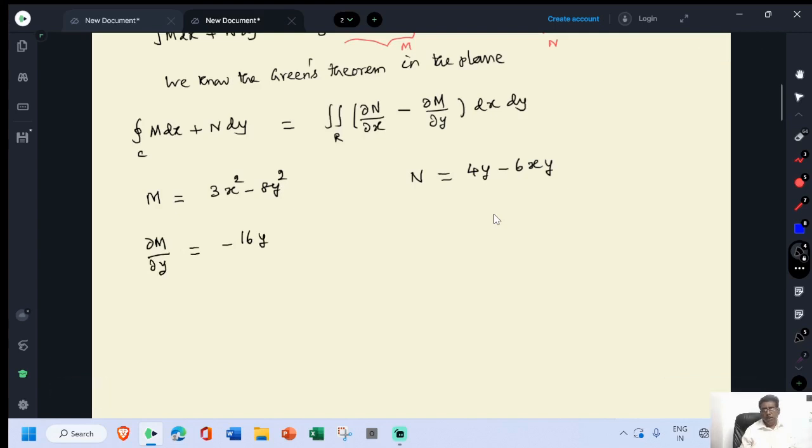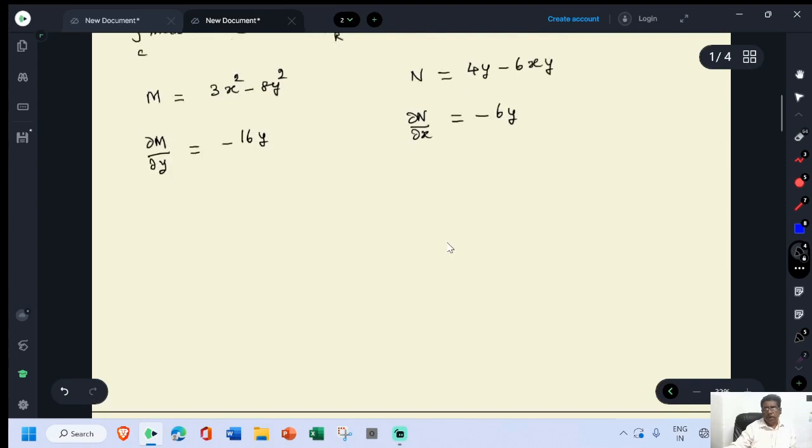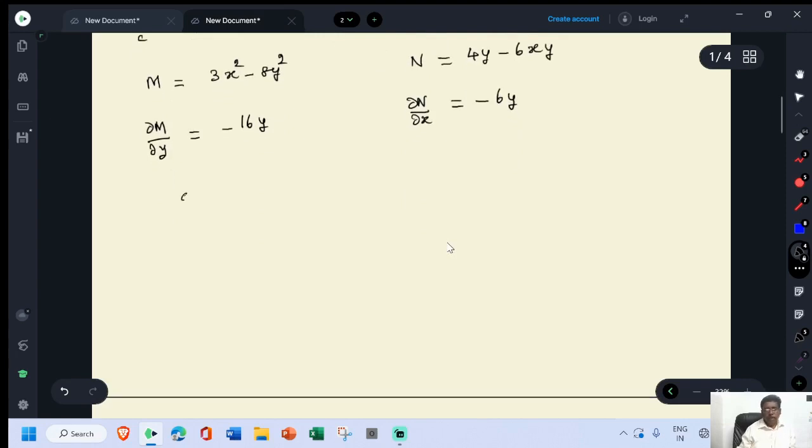Then find ∂N/∂x, which is equal to −6y. Then ∂N/∂x − ∂M/∂y is equal to −6y − (−16y), which is −6y + 16y, equal to 10y.